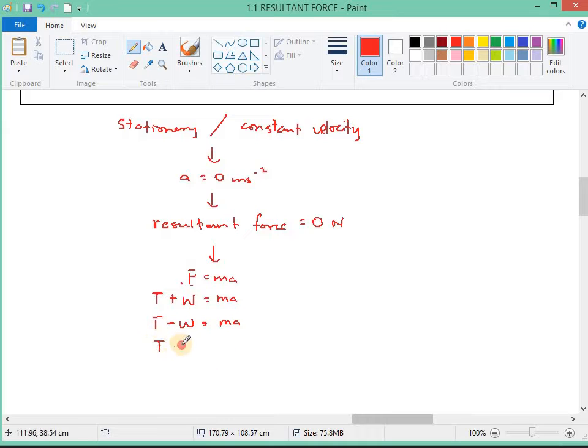Now if the resultant force is 0, that means mass times acceleration is 0. So tension equals weight, because this is negative W, moved over to the right, becomes plus W. So tension equals weight.